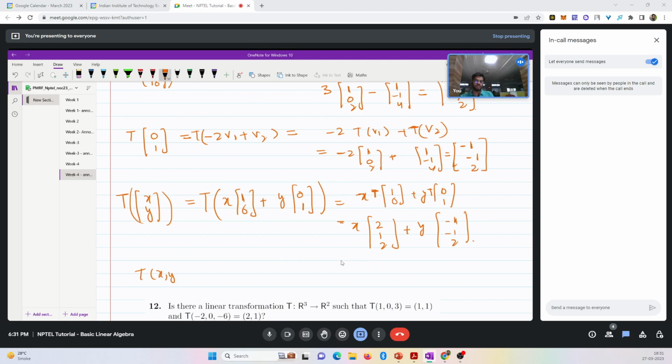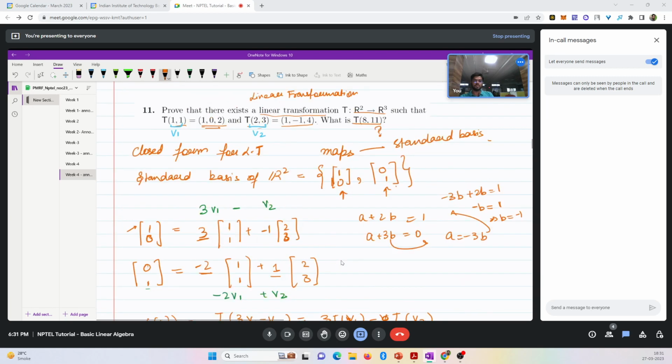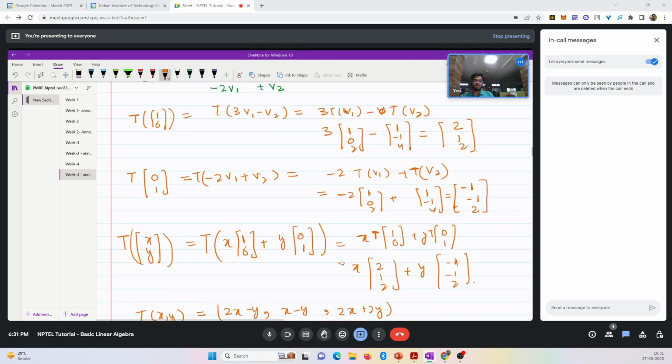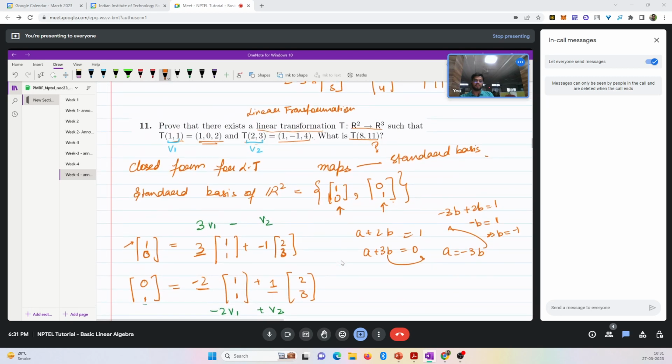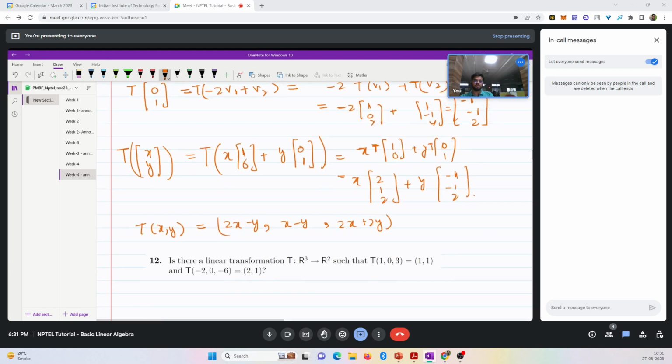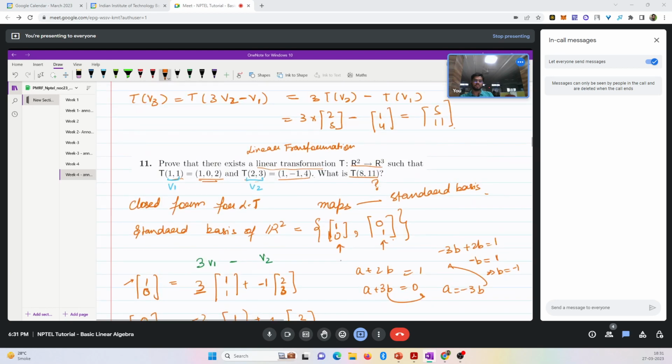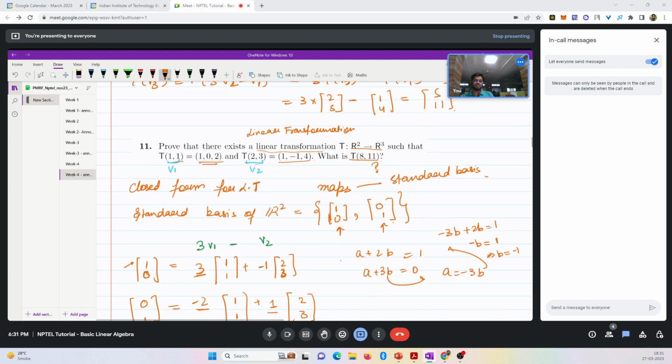T(x, y) is equal to (2x - y, x - y, 2x + 2y). Okay. And then this is 2x minus y, x minus y, and 2x plus 2y.